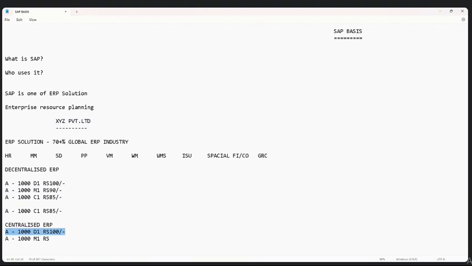And he would either say, no, sir, 100 rupees is the best price. So the company is saving more.